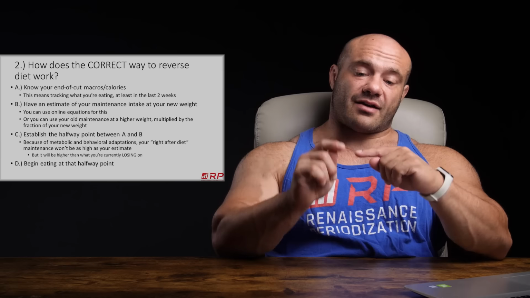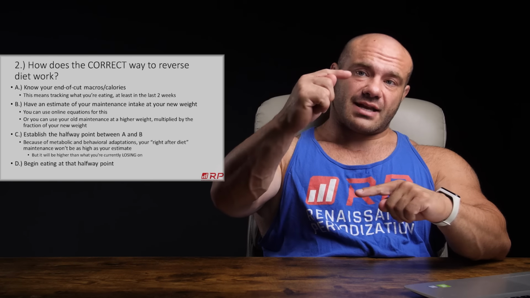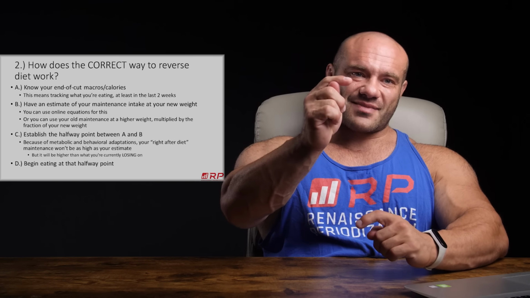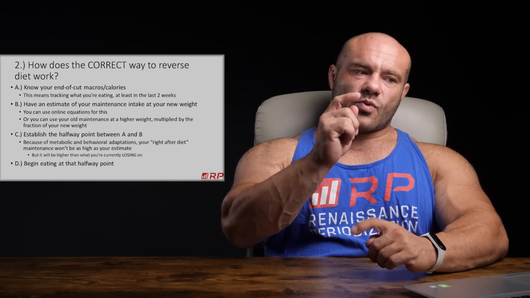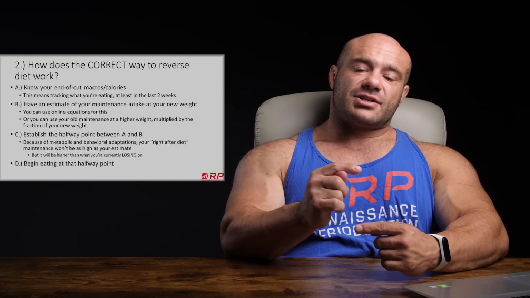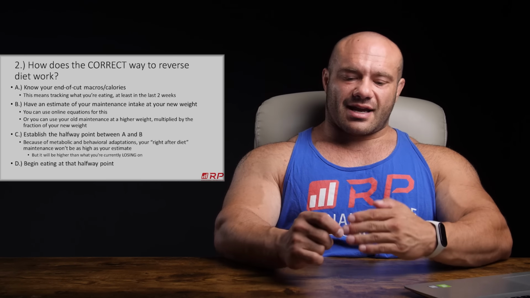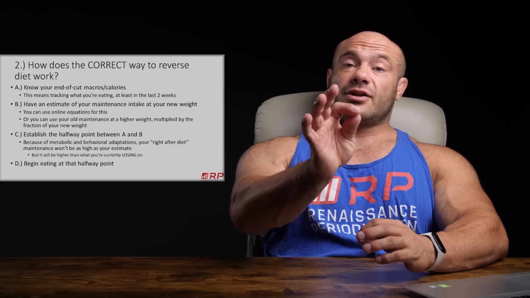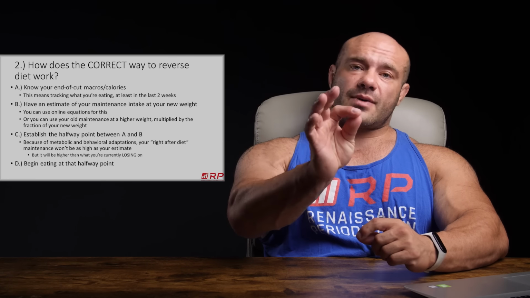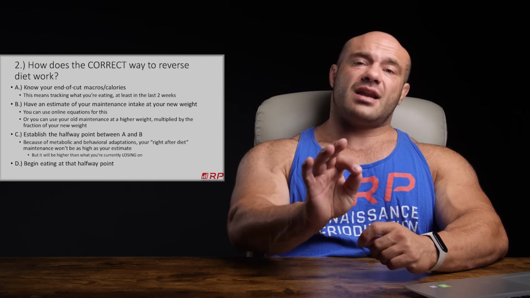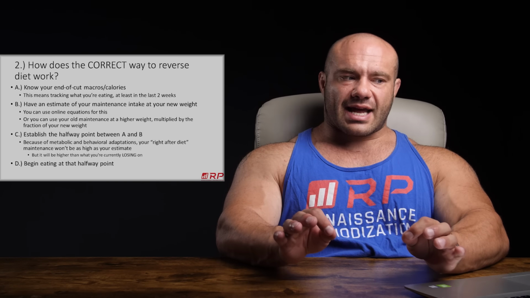So we have the calories you just finished with at the end of the fat loss phase, and the rough maintenance calories, which should be higher, otherwise you have a thermodynamic mystery. And what you do is you choose to start the first week of your reverse diet somewhere right close to the middle. So if your calories at the end of fat loss were 2,000 and the calculator on the internet says at your body weight you should be at 2,500 calories to maintain, 2,250 is right about where you're going to set your week 1 reverse diet calories.